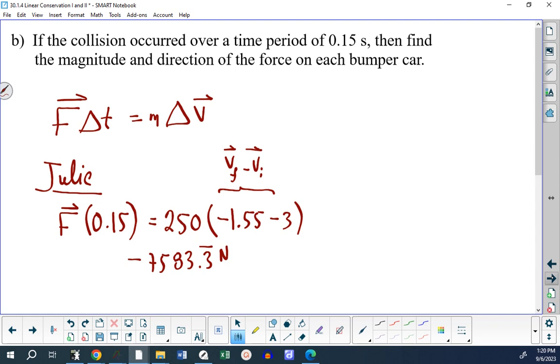Anybody else? Okay. Think about this for a second. That is the net force acting on Joule. That is the net force that Bill's car applies to Joule, because we put in Joule's information. Joule was moving in a positive direction, and then she was moving backwards, negative force.